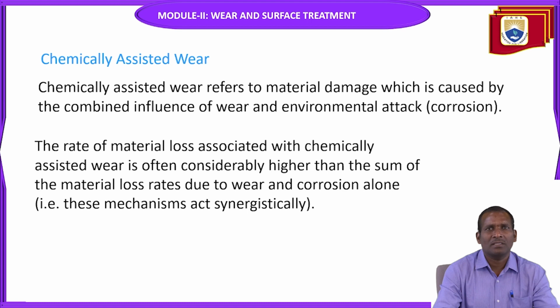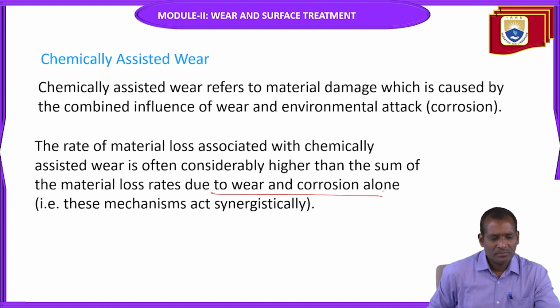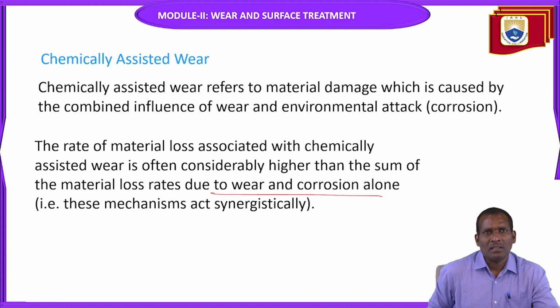Actually, it is higher than the sum of the material loss rates due to wear and corrosion. So these are the three classifications of wear mechanisms and types of wear we have learned.